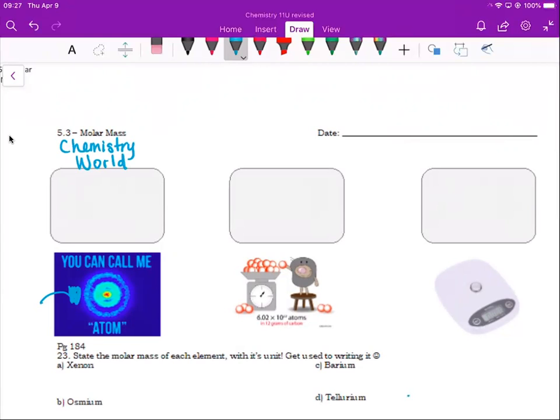There are forces that exist on the atomic scale that don't exist on the macro scale. In the chemistry world, we look at it in terms of particles: atoms, molecules, and formula units.